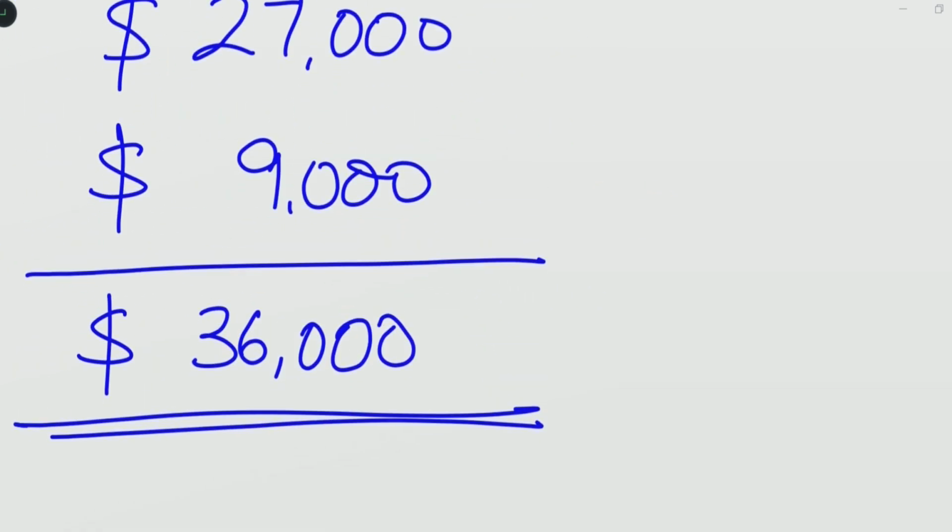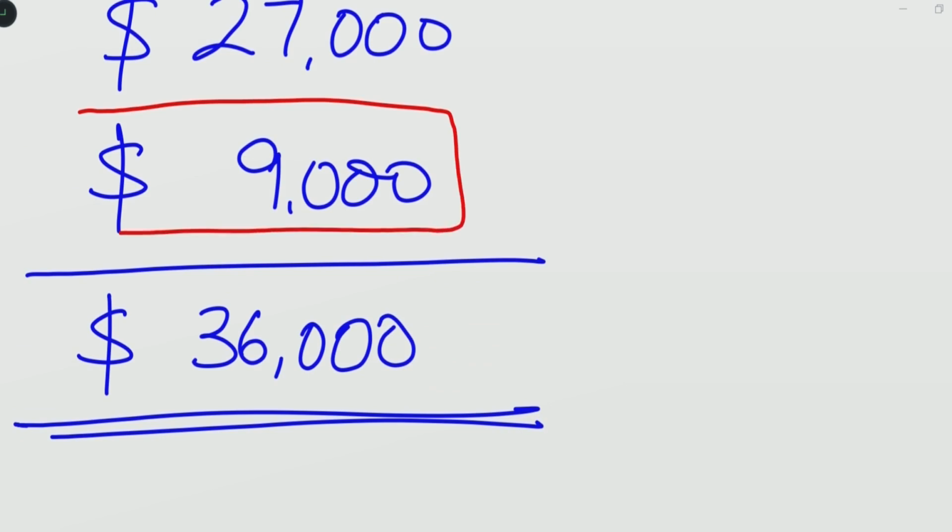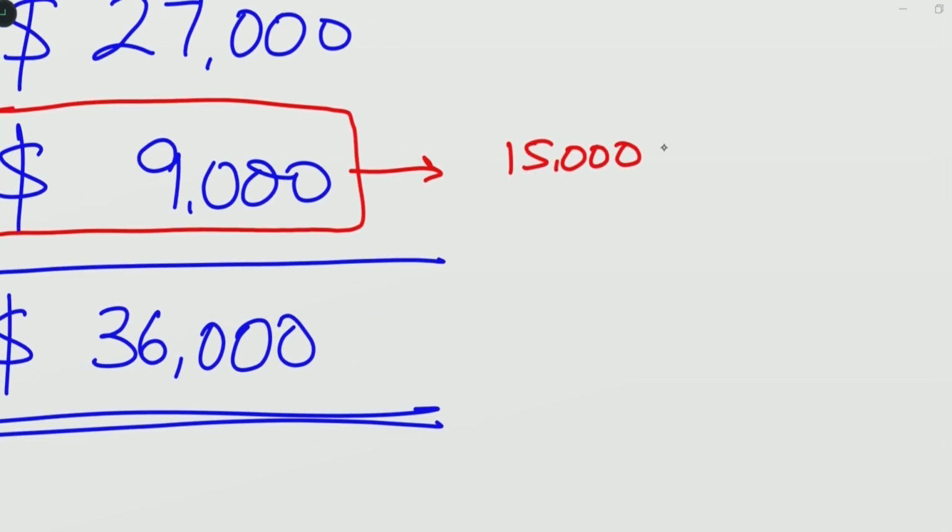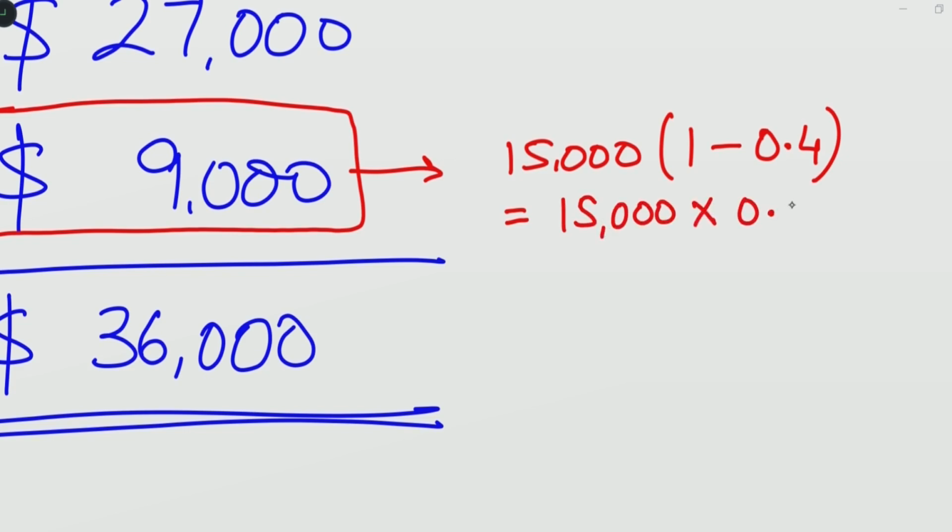What is the base of this calculation? How did we get this $9,000? It was $15,000 into 1 minus tax rate, that was 0.4. When you take 15,000 into 1 minus 0.4, it is basically 15,000 into 0.6, and that is basically $9,000.